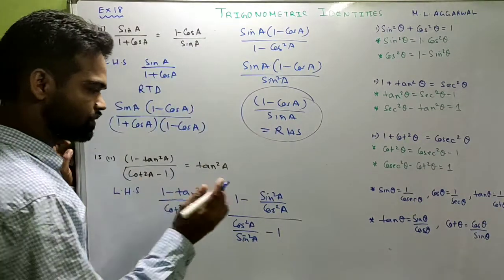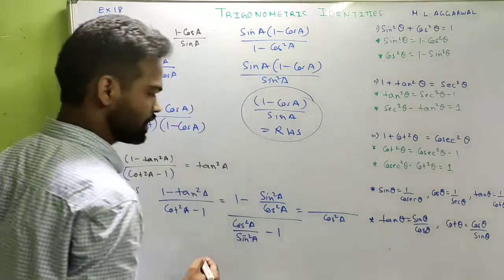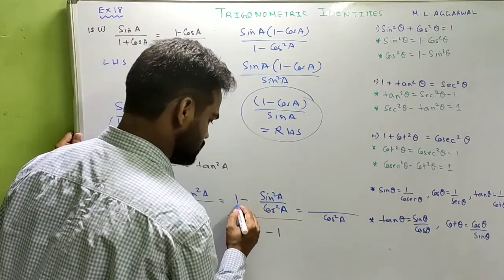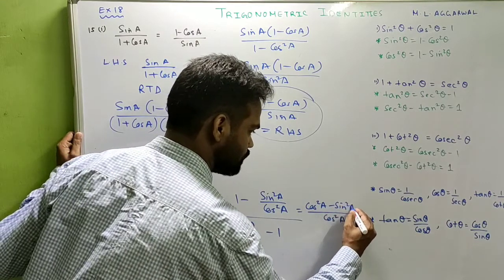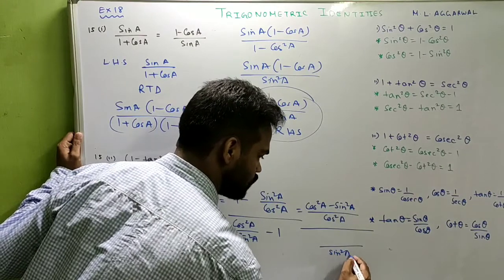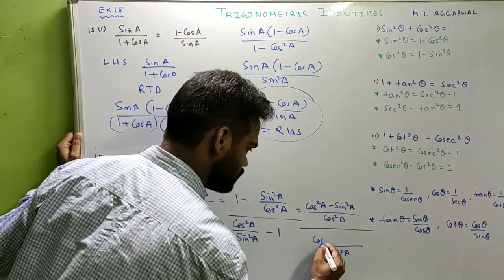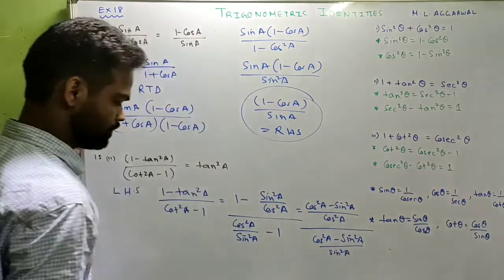We can do like this. Now take LCM, so this is cos square A, isn't it? And this will be cos square A minus sine square A. And in the denominator, if you take sine square A, this will be cos square A minus sine square A, isn't it?